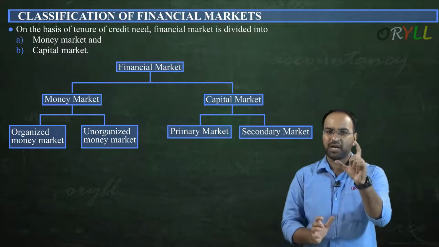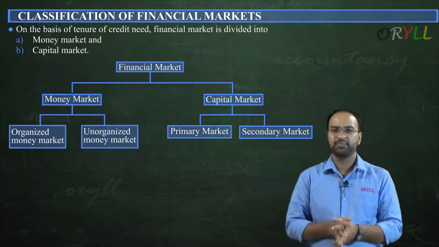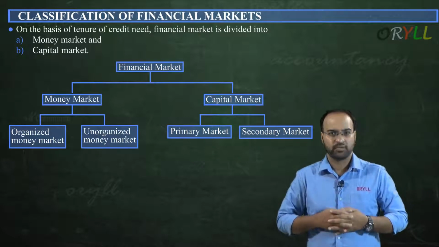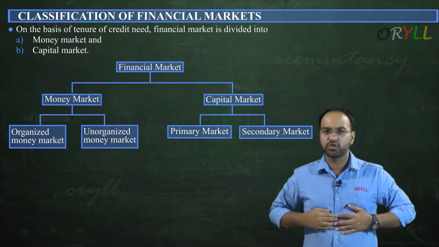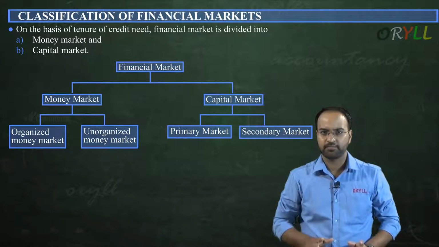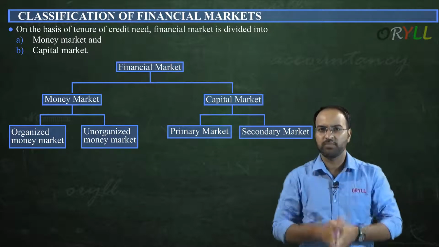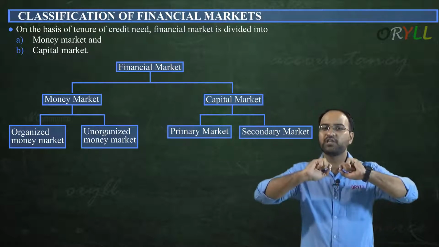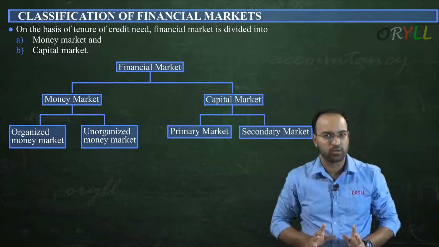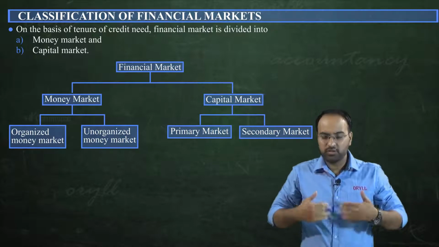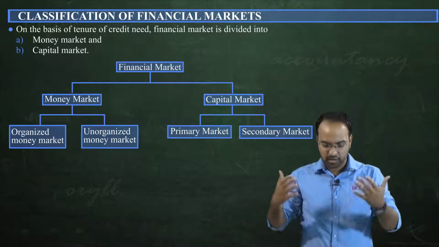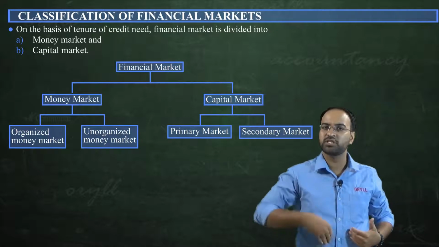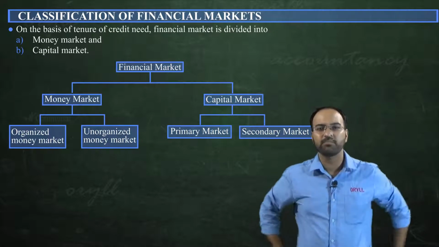Primary market means, understand the example, I am a company and I want to issue shares to the public. So the company will come to the stock exchange and will sell the shares directly to whom? To the public. So this is called primary market. It means whenever a company is issuing shares to the public, that comes under the primary market.